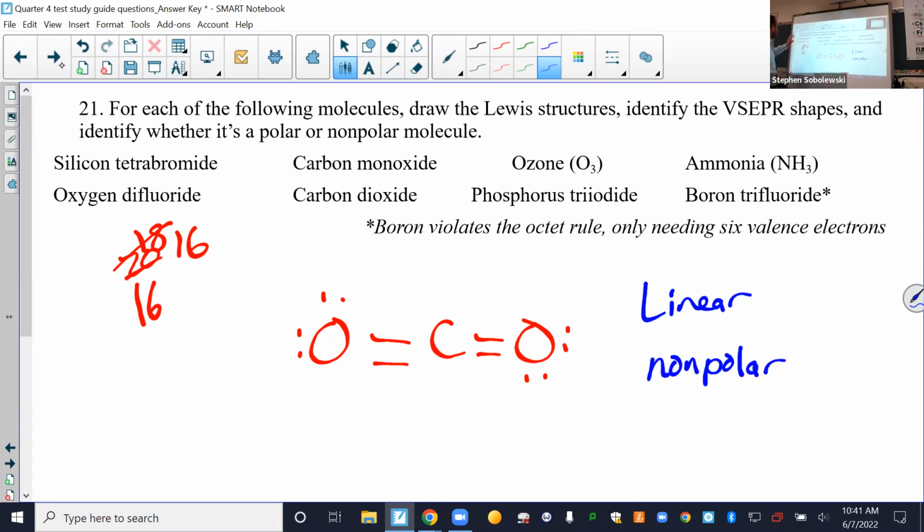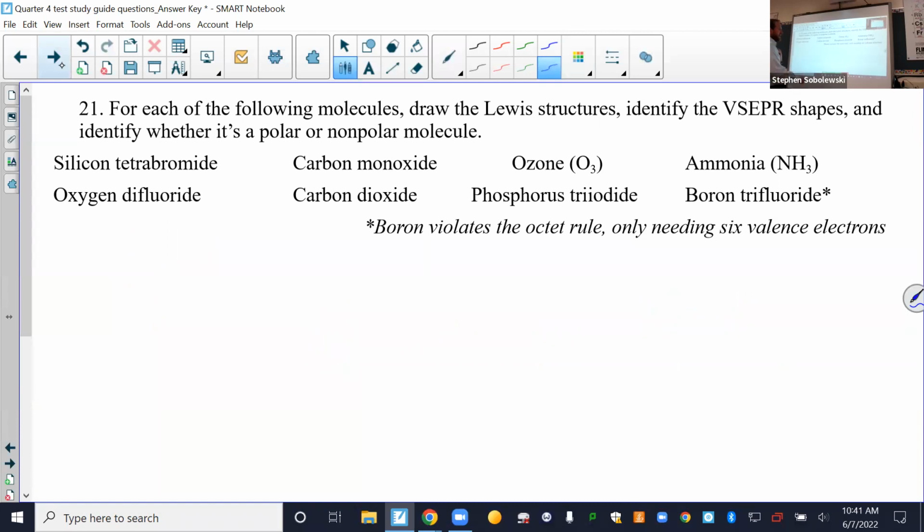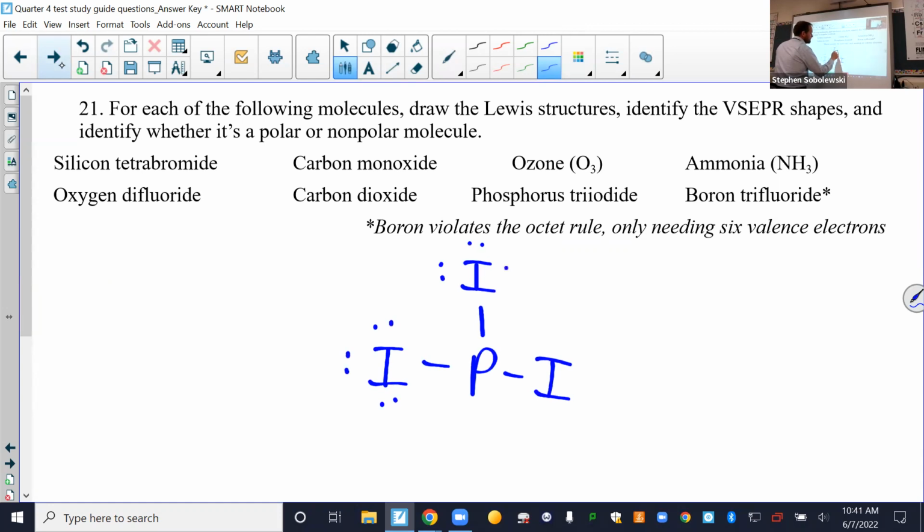All right, phosphorus triiodide, PI3. So the P goes in the middle, I's around it. Lone pairs around each of these I's. Make sure you get a lone pair on the P as well. That phosphorus only had 6, now it gets 8.